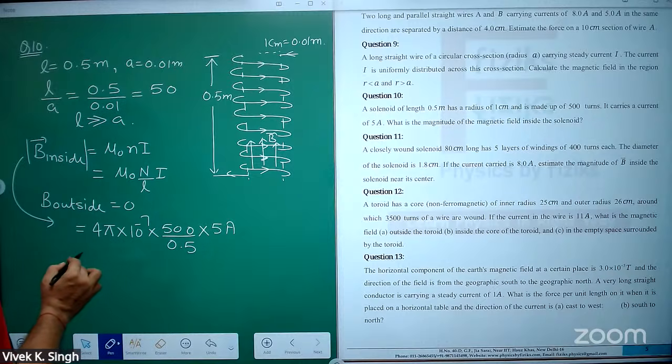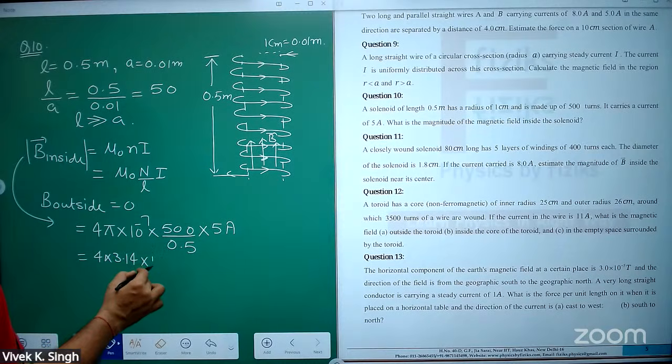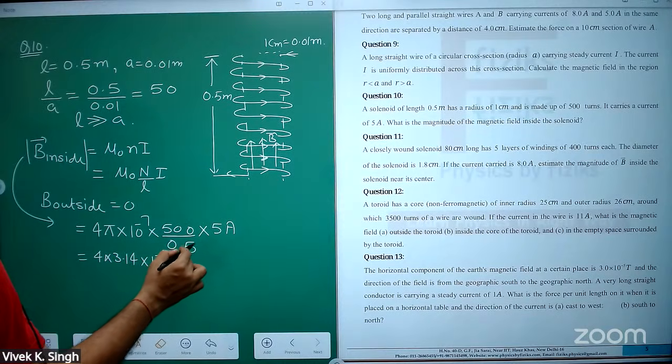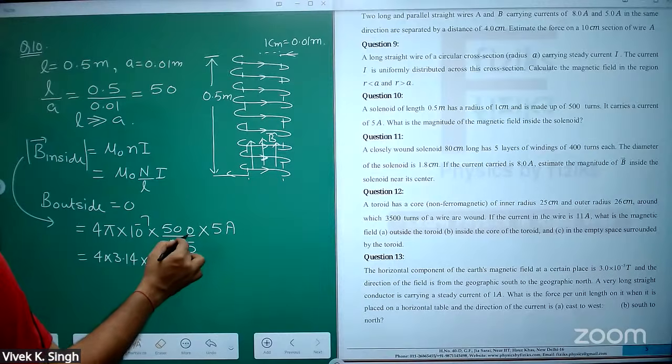So this will be 4 into 3.14 10 to power minus 7, and just multiply with 10. So 5 will cancel out. This is 5,000.